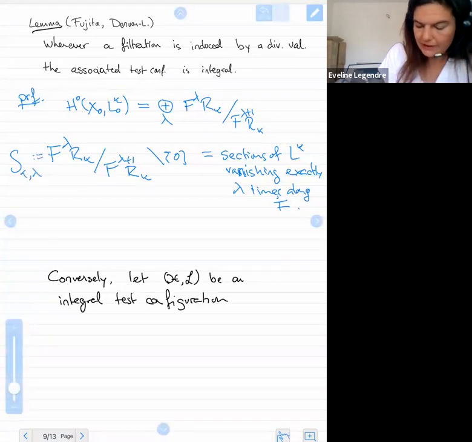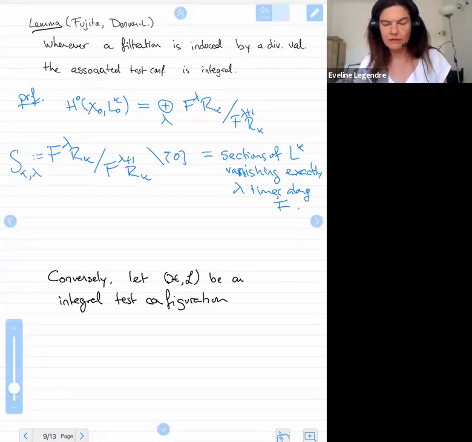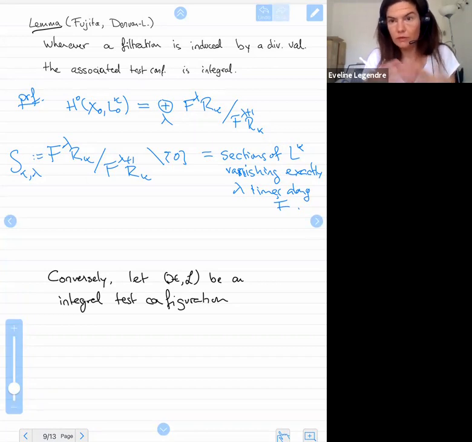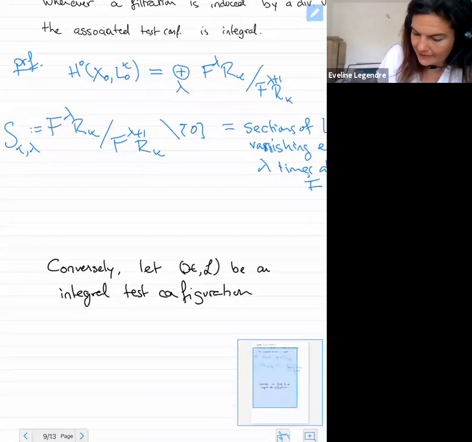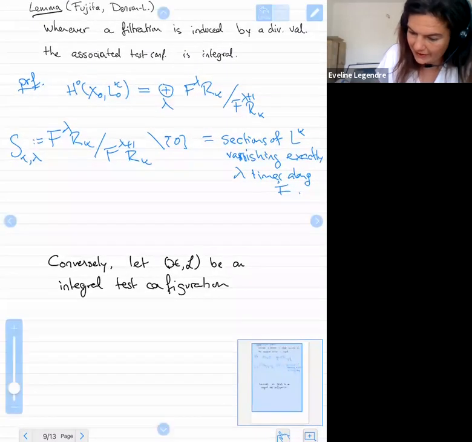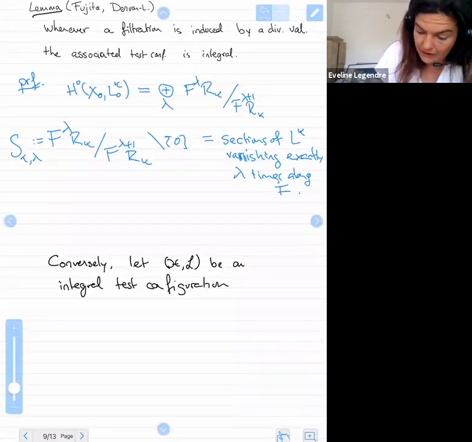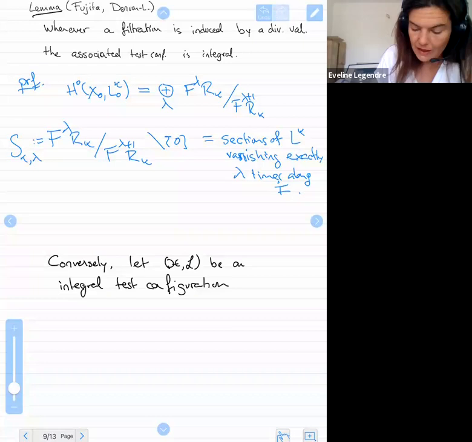Then to prove that the central fiber is reduced, what we need to prove is that its ring of sections is integral.